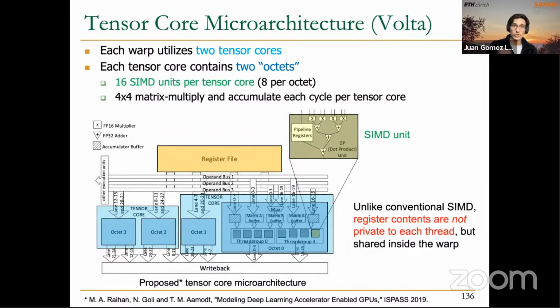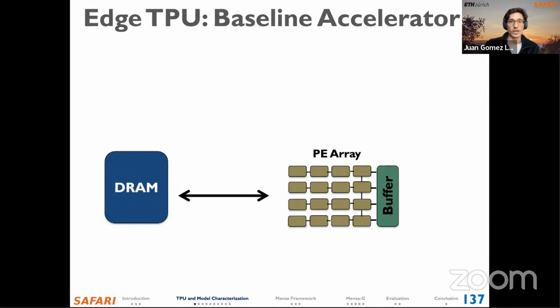As I said, these tensor cores were designed especially for machine learning workloads, but they are not the only specialized processors for machine learning that you have seen in this course. Geraldo, a couple of weeks ago, presented the Mensa work, an analysis of the Edge TPU, the tensor processing unit from Google, which is a spatial accelerator for machine learning workloads.